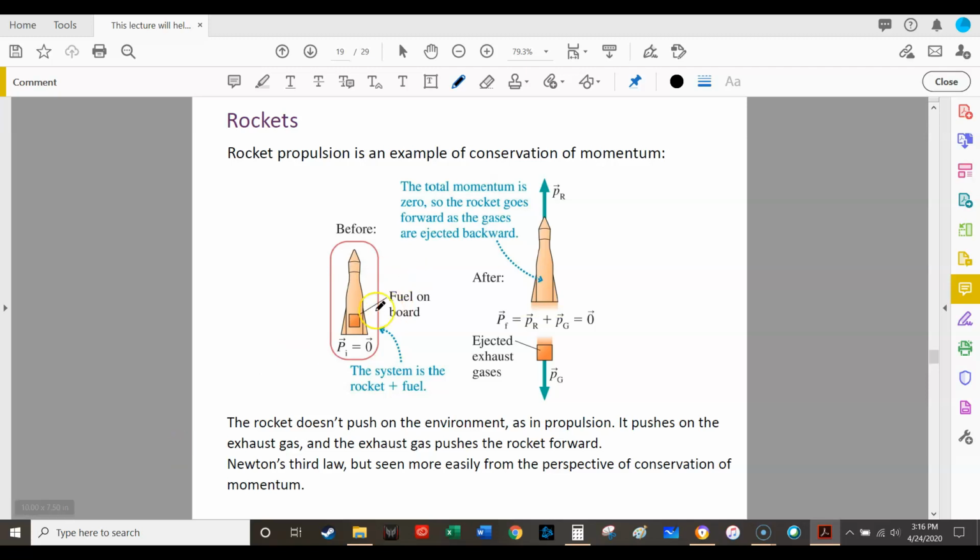It's got the fuel and the rocket itself sitting there, and the fuel starts to explode. The fuel gets forced down, so it's got a momentum that's down. The rocket, by that same explosion, is going to have the same force up, and so the same momentum up. That's an extension, again, of Newton's third law, right? So the two objects are together in the beginning, and in the end, they are separated. Okay?